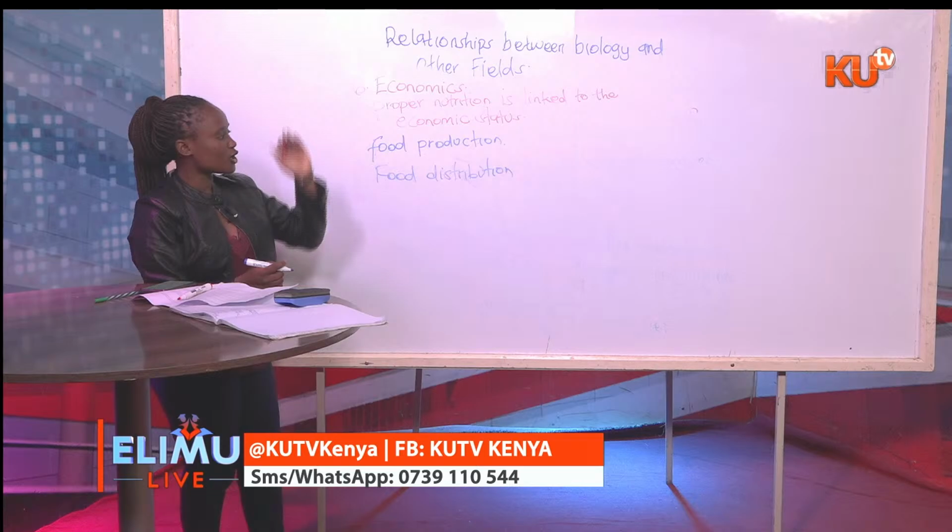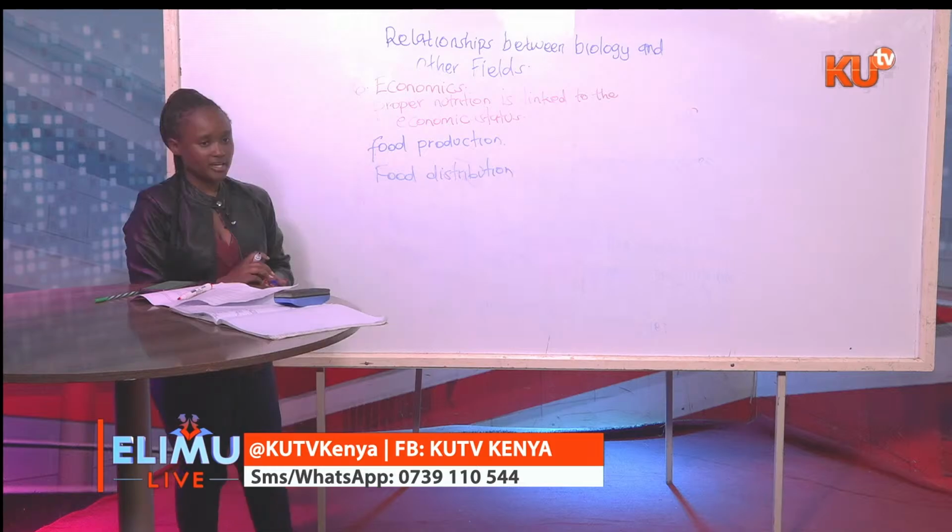It also affects people's health. If there is low food production, it affects the health of the people. And if the food is not well distributed to places, it is going to affect the economy of the place. So we have the next relationship, geography.